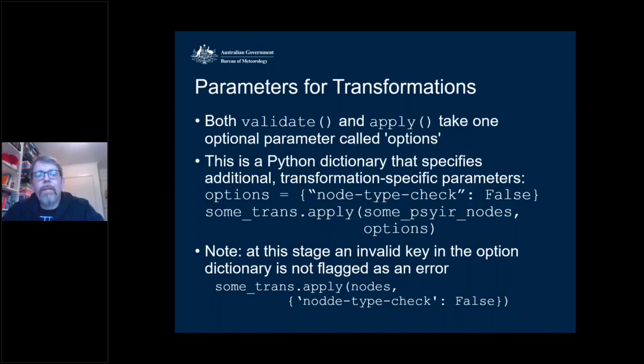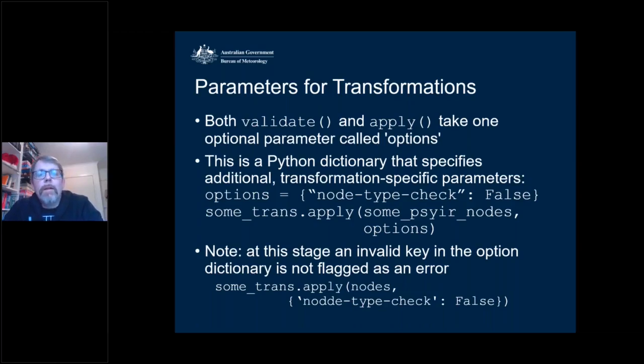Our intention is that those transformations will become more complex and you will have layers of transformation. And at the top layer, you might need to pass a transformation option down 3 levels to another transformation. So it's actually quite hard to check if all the keys are valid. We're working on a better concept, but at this stage, if an option appears to have no impact, check if you might have a typo somewhere.